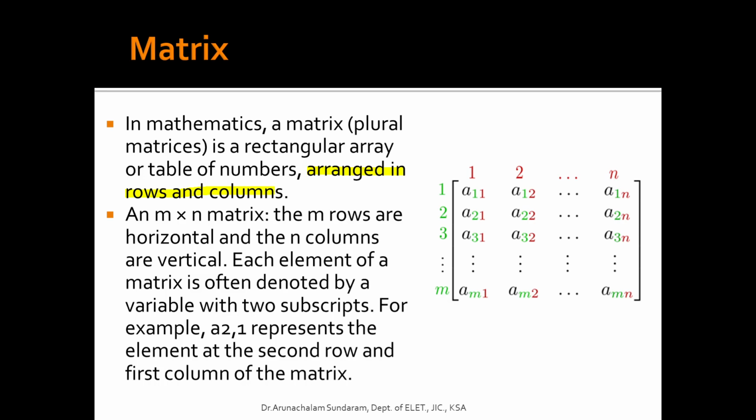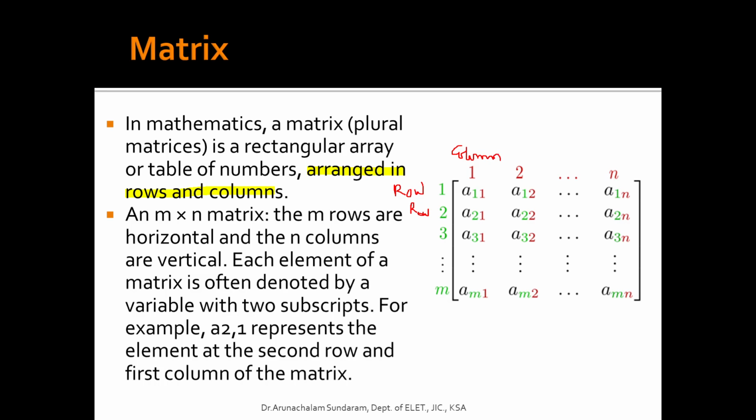Here the green color is row number 1, and this is row number 2. This one is called a column: this is column 1, and this one is column 2.